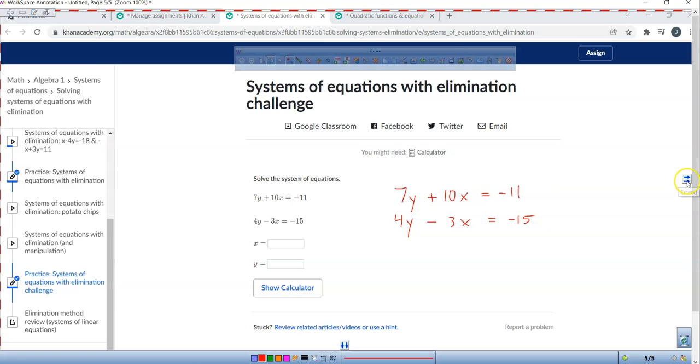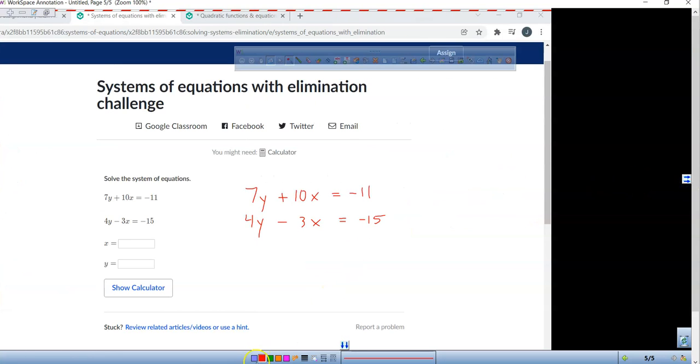Now what I'd like you to do is rearrange it and make sure you are in ax plus by equals C form. You'll notice these have been flipped. So what I'd like you to do is put the 10x up front, the 7y in the back, and set it equal to negative 11.